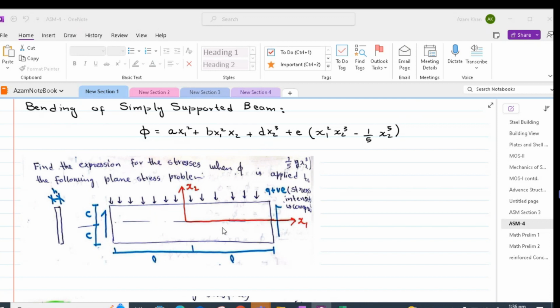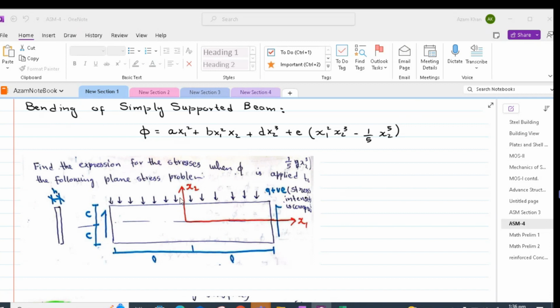This problem tells us that we have got a beam of depth 2c simply supported at two ends having a span 2L and subjected to stress intensity Q. Please note that the stress intensity Q is in load per unit area. This is a plane stress problem.